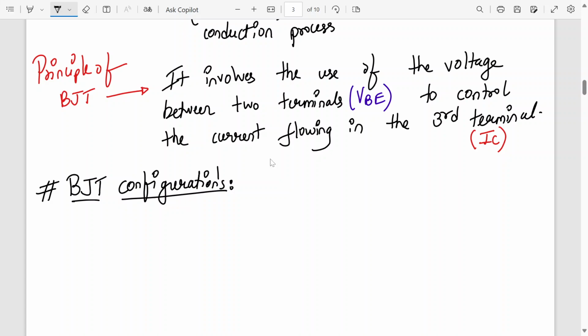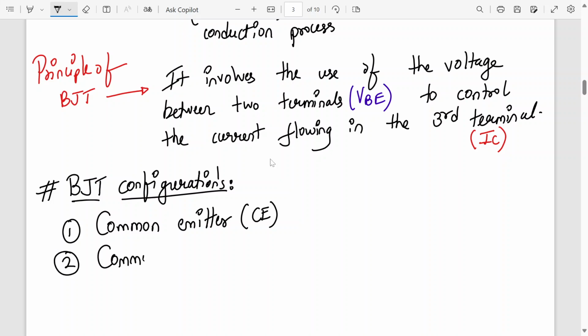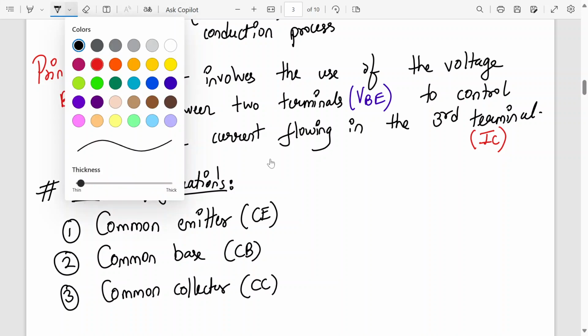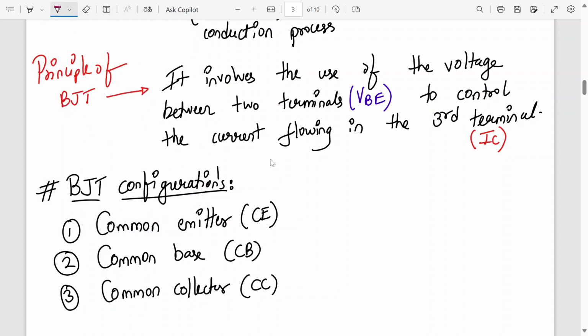There are three configurations of BJT: common emitter, also called CE configuration, then common base configuration, called CB configuration, then common collector configuration, CC configuration.